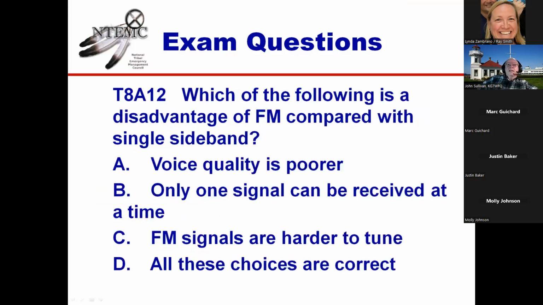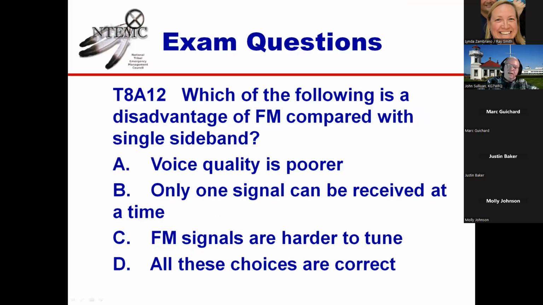Which of the following is a disadvantage of FM compared with single sideband? Well, the voice quality is actually better, so it's not A, which means it's also not D. And the signals are not hard to tune. Actually, sideband is much harder to tune. So only one signal can be received at a time.